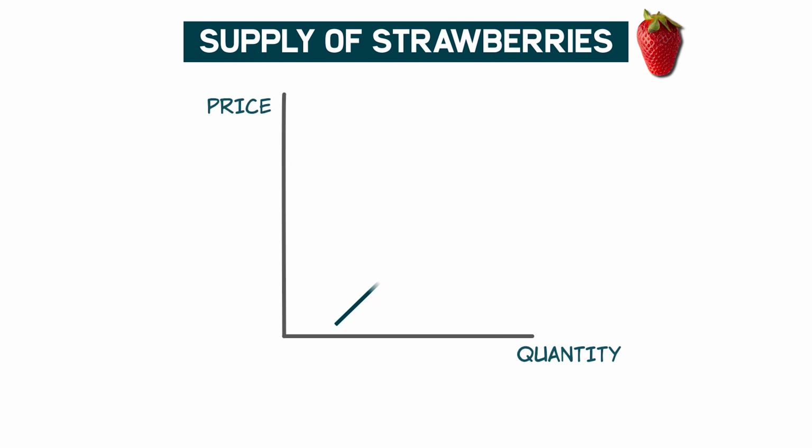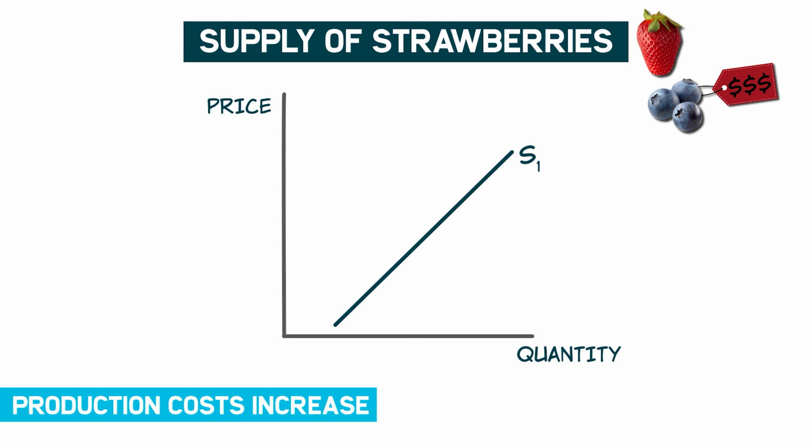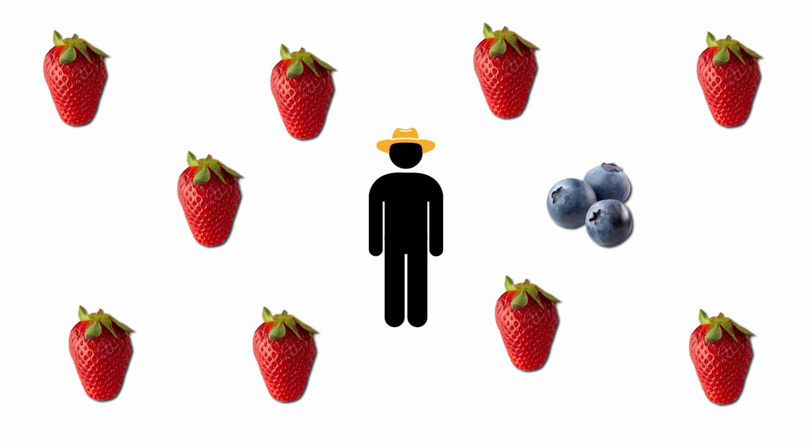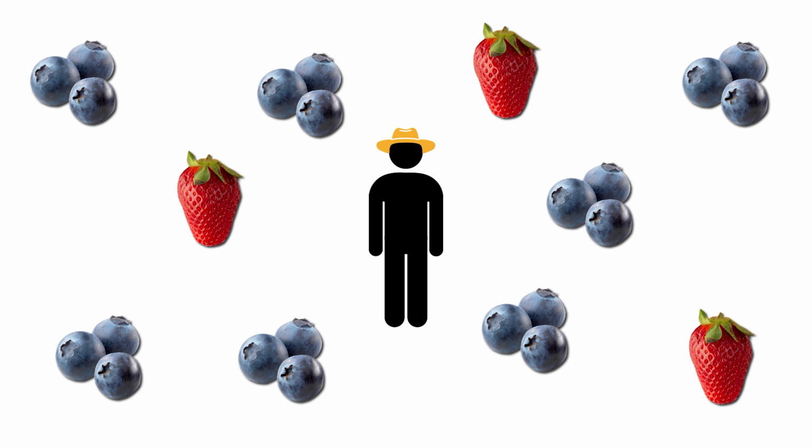Here's our initial supply curve for strawberries with a low price of blueberries. Farmers find it most profitable to use their land to grow strawberries. But when the price of blueberries increases, the opportunity cost of growing strawberries increases. So farmers will take some of their land out of strawberry production and move it into blueberries.